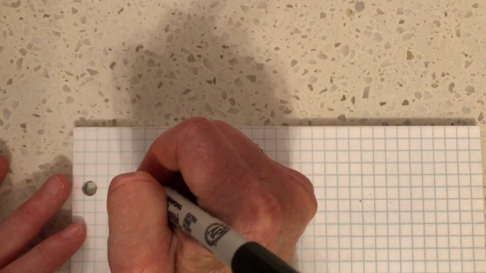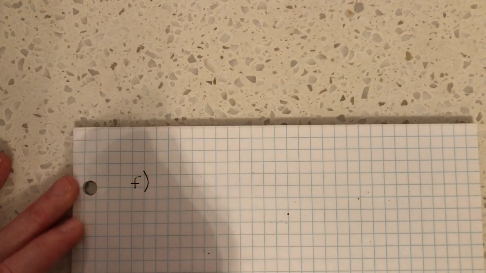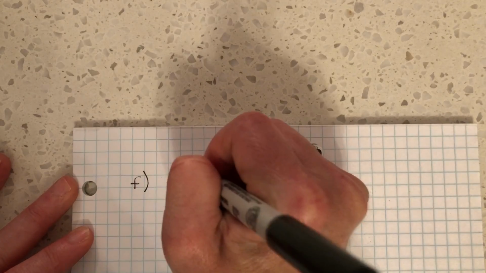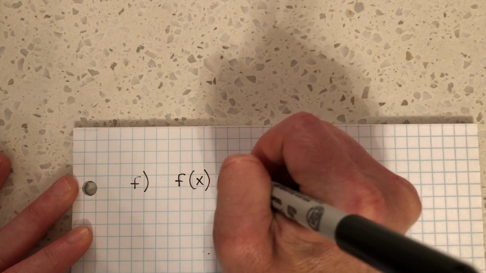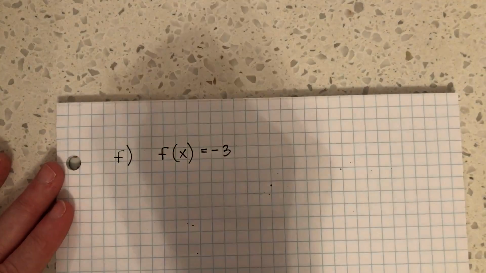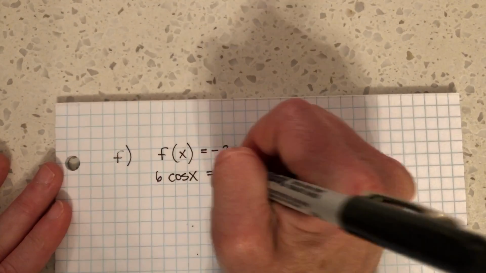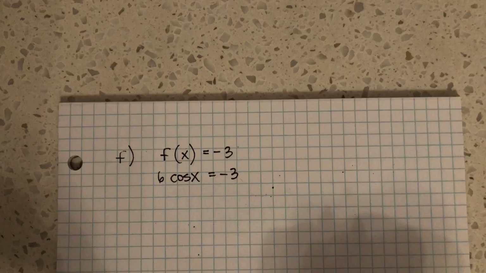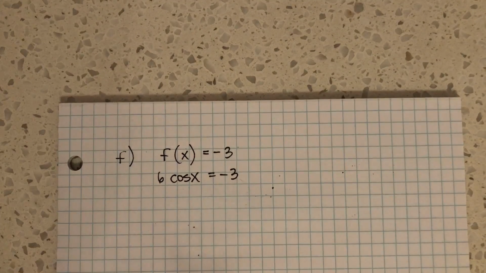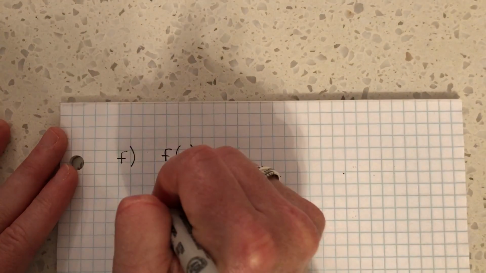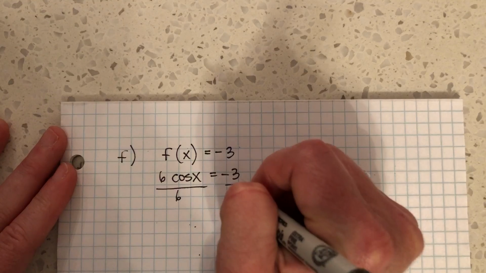Okay, so it wants to know in part F, what's going to make f of x equal negative 3. Okay, so remember, f of x was 6 times cosine x equals negative 3. Well, let's get cosine x by itself so you can think of this in terms of the actual real function. So divide by 6, divide by 6.